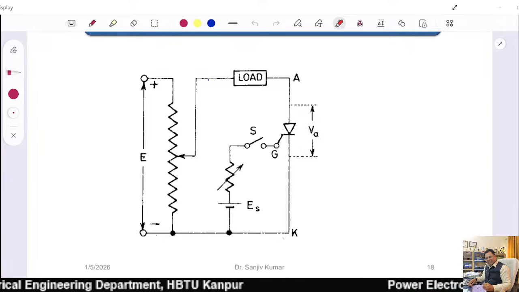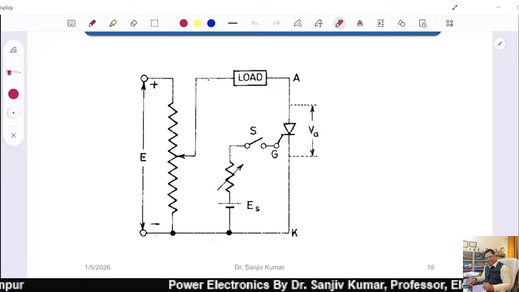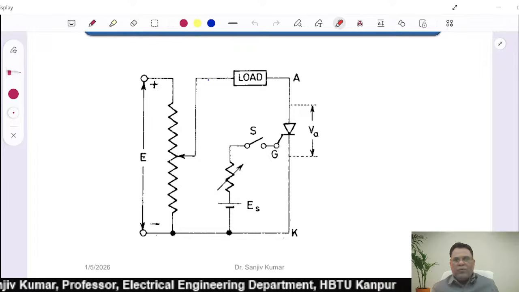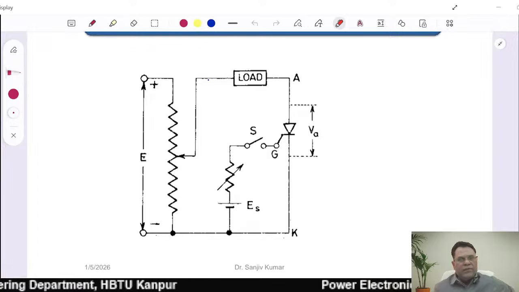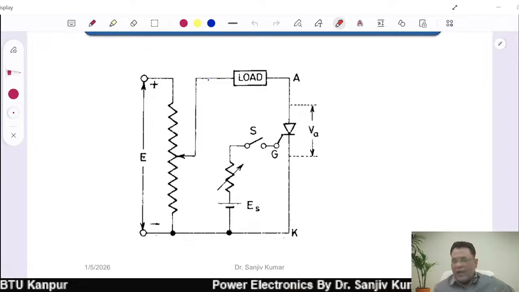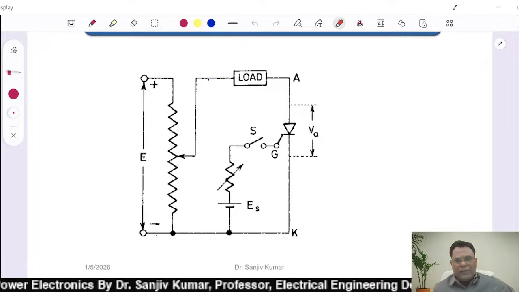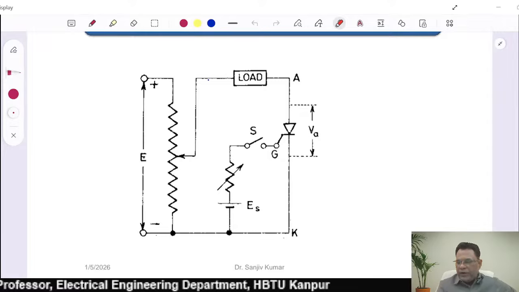You can see this Thyristor is like a switch. Whenever it is on, it will allow the current to flow, and whenever it is off, it will not allow the current to flow. So it is operating as a switch. Either it could be on or it could be off, right?